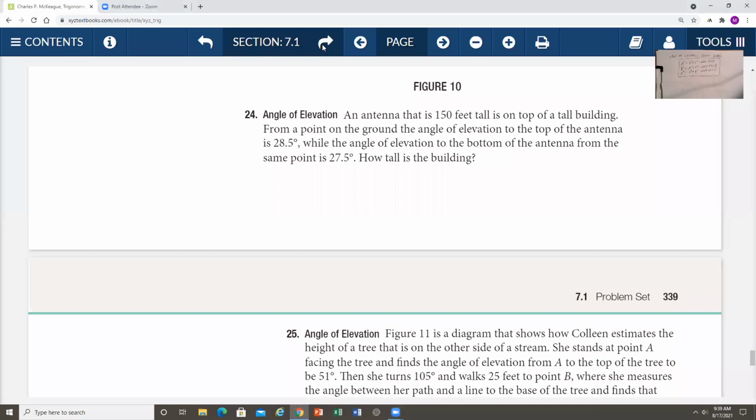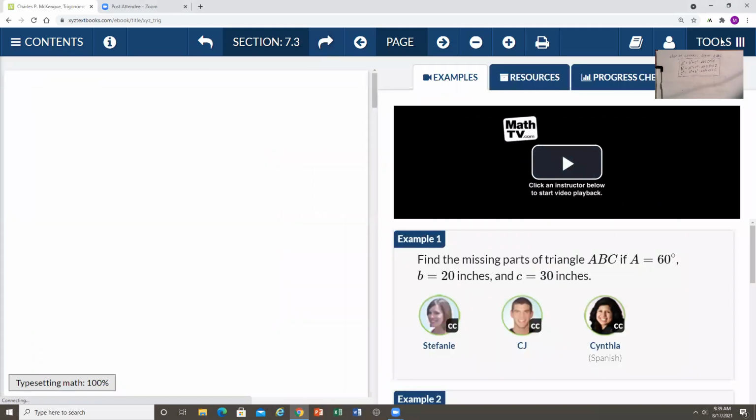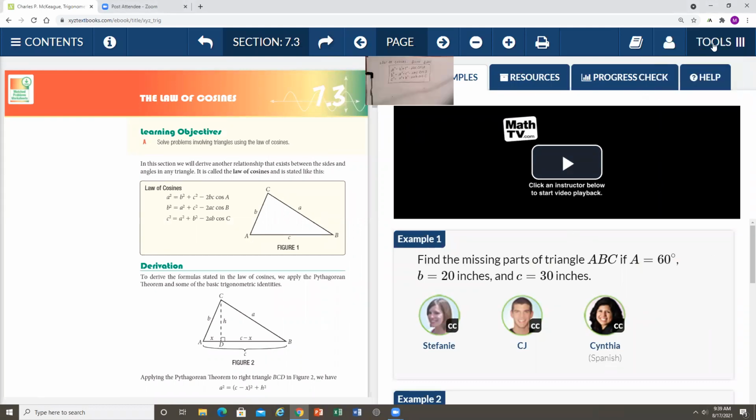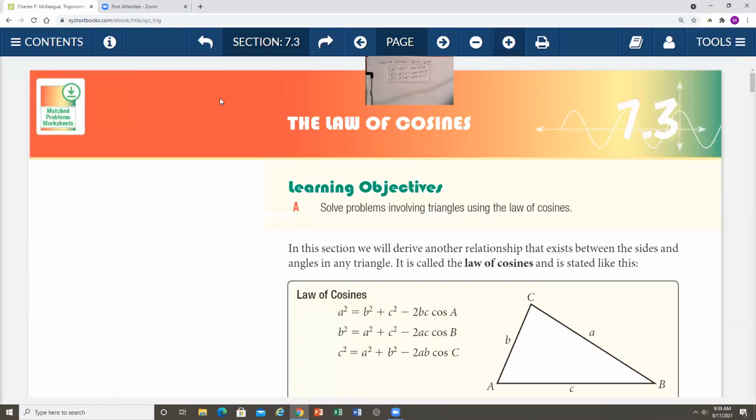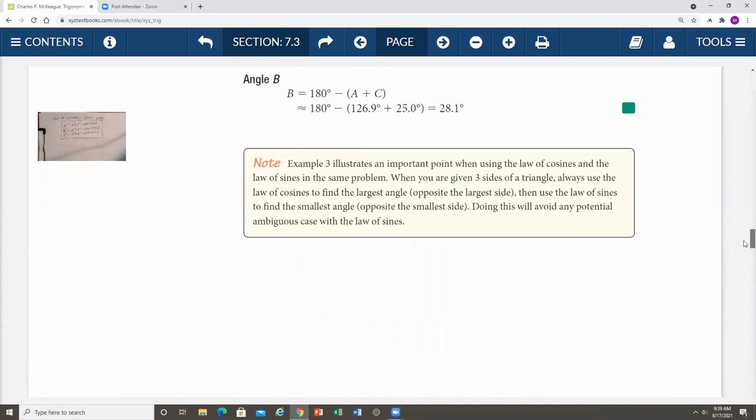So let's go to section 7.3. Okay. Section 7.3, law of cosines. Let's go down and see if we can maybe do a problem.